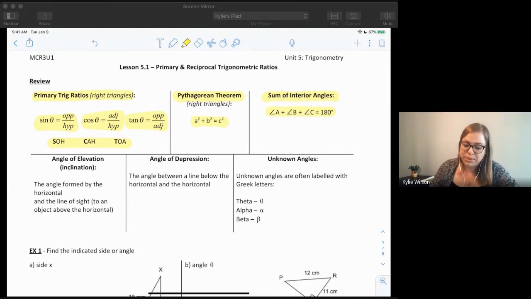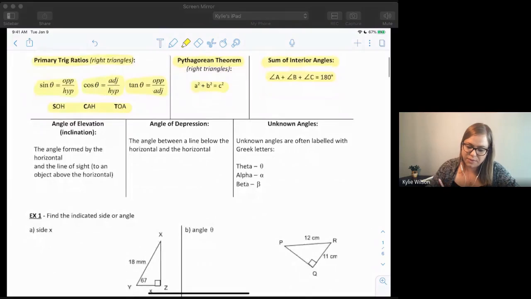Finally, a couple more pieces of important reminders. First is the angle of elevation. Sometimes you'll hear it called the angle of inclination, especially if you're Googling resources or watching a video made by somebody else. But basically, my angle of elevation is when you are looking up at something, for example, to the top of a building.